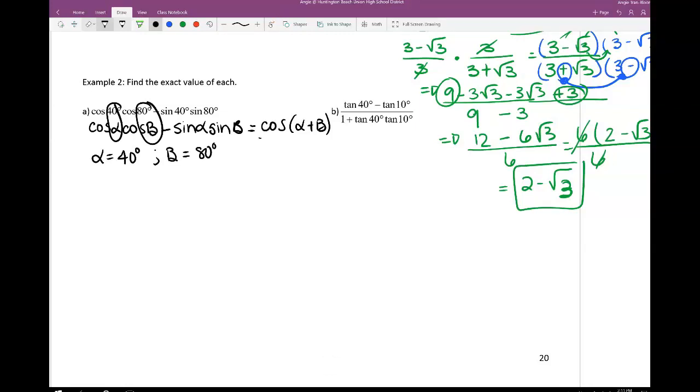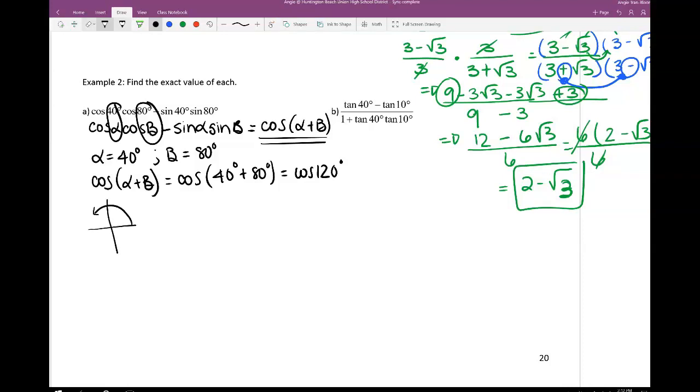So cosine of alpha plus beta is really cosine of 40 degrees plus 80 degrees, which is cosine of 120 degrees. Yay! Okay, 120 degrees, it's in quadrant number 2. So I know my answer is going to be negative. And from your unit circle, you should know that it is negative 1 over 2.